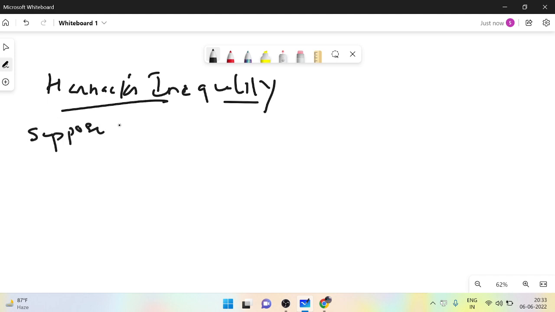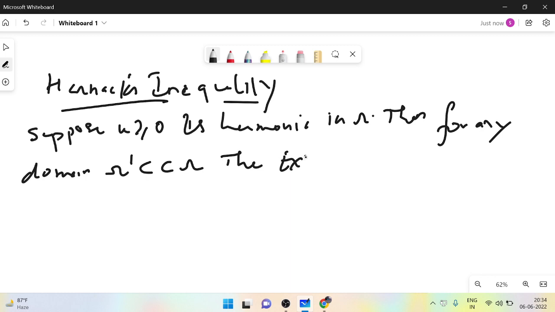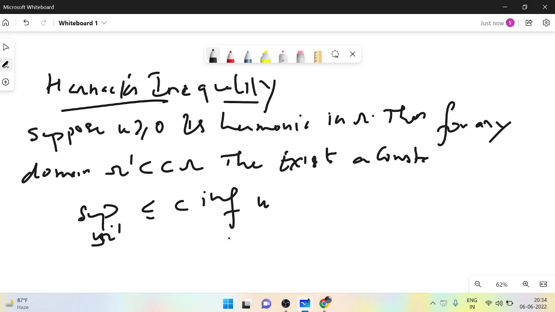Suppose u is harmonic in omega. Then for any proper subset omega bar of omega, there exists a constant c such that the supremum on omega bar is less than or equal to c times the infimum on omega bar.